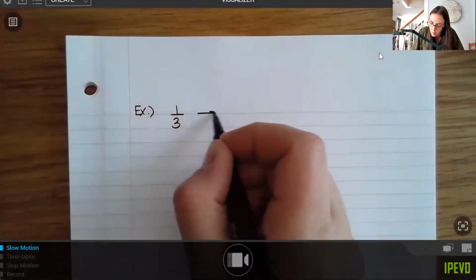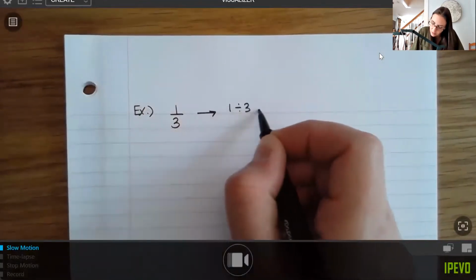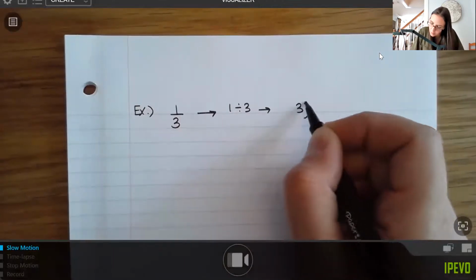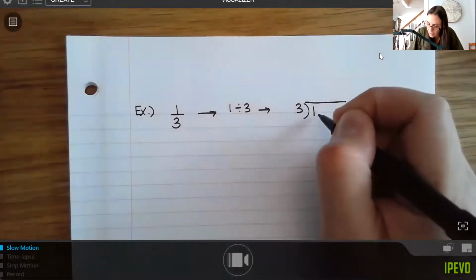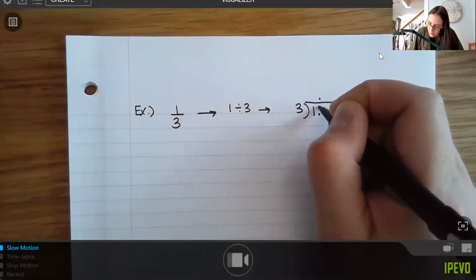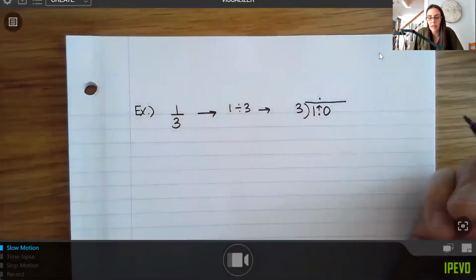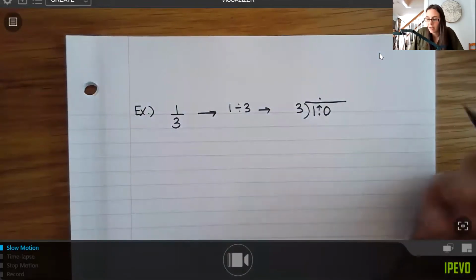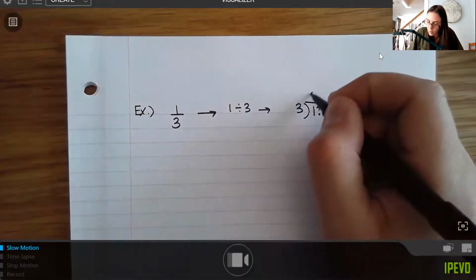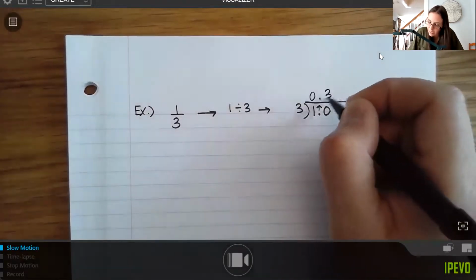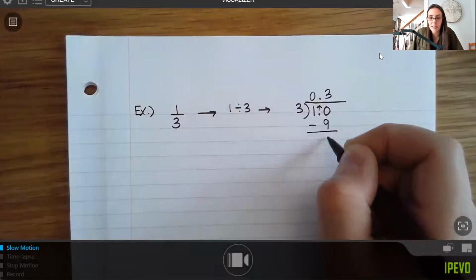So I'm looking at 1 divided by 3. So that 3 goes on the outside and the 1 goes on the inside. And I can't do 3 into 1. It's not enough. So remember, we attach that decimal point, and then we put a 0 on there to create, well, it's not a value, but it looks like a 10. So 3 does not go into 1, but it goes into 10 3 times, which is 9. I subtract and get 1.